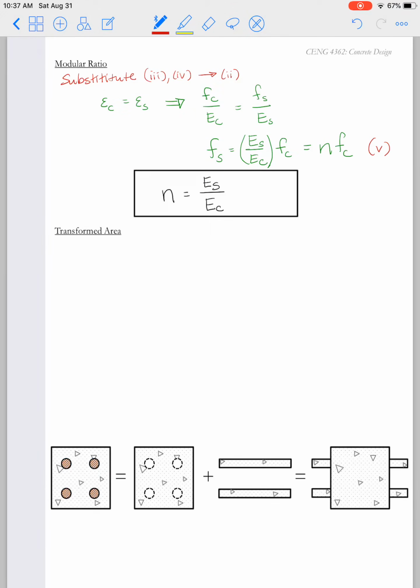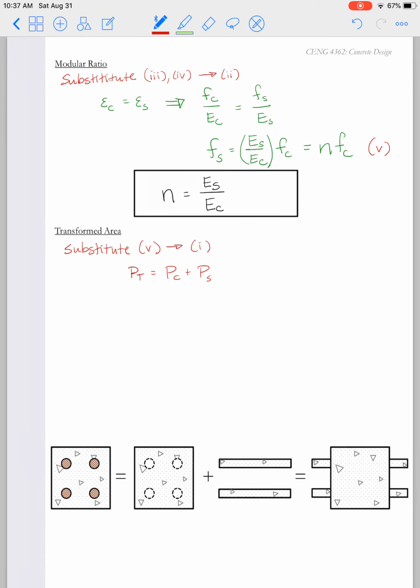All right, continuing along, we can now take this latest equation, which I just labeled as equation 5, and plug that back into equation 1. We'll get that the total force in the section is equal to the force in the concrete plus the force in the steel.